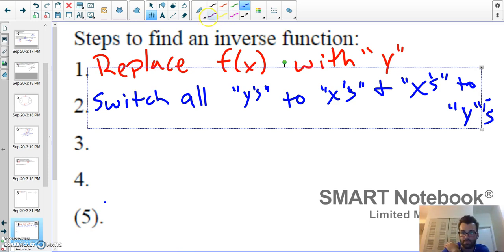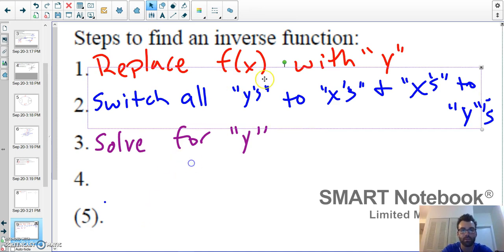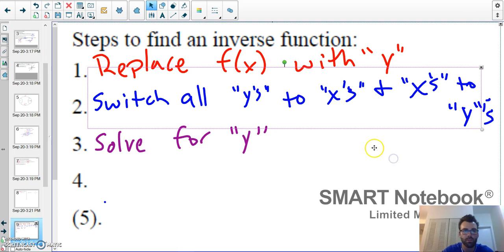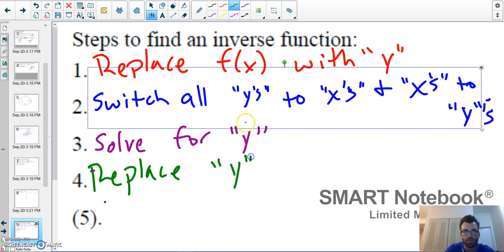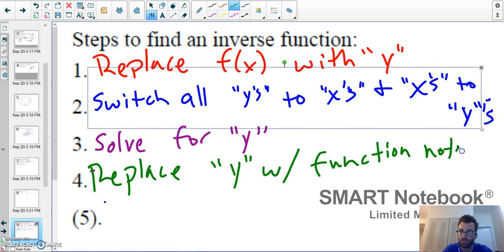After that, solve for y. Lastly, once we have solved for y, we're going to replace y with function notation, f inverse of x.